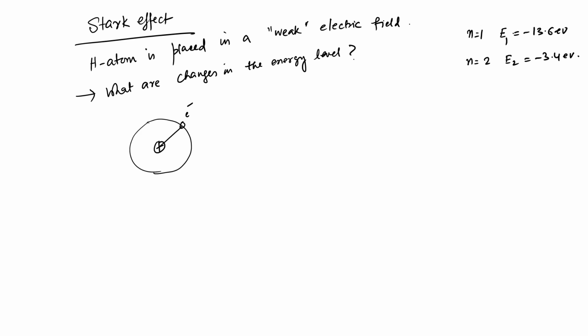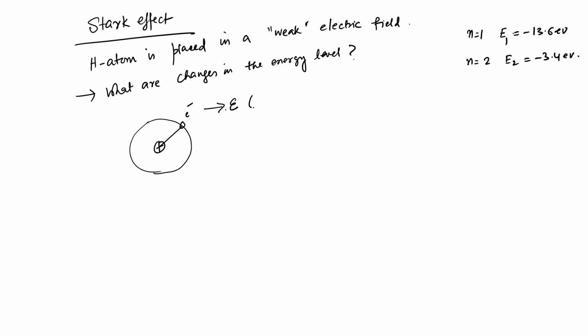An electric field is applied in this direction, and we will write it as this curly E because we do not want any interference with the energy, which we write as the normal capital E, so that there is no confusion because of the notation.